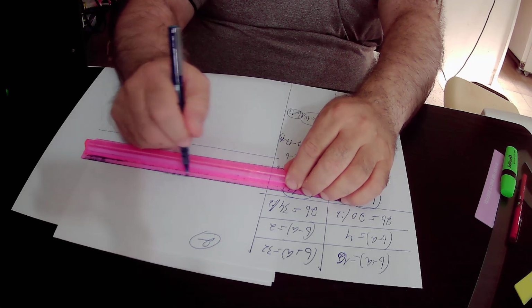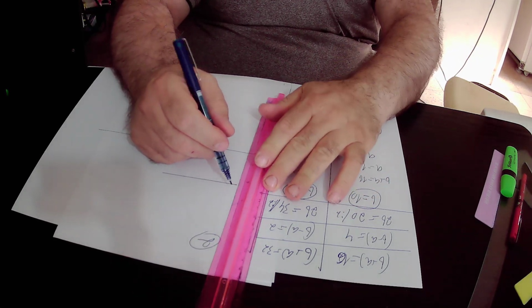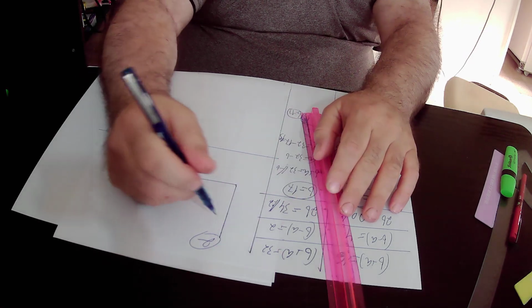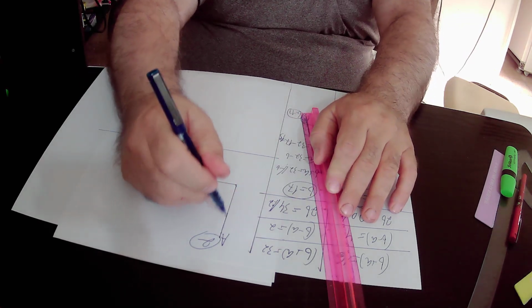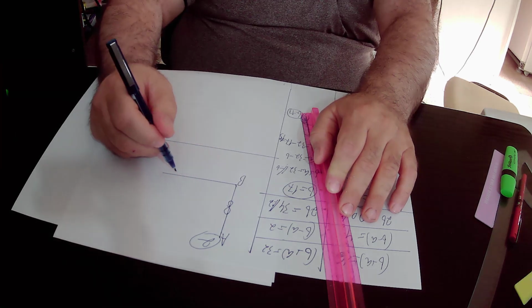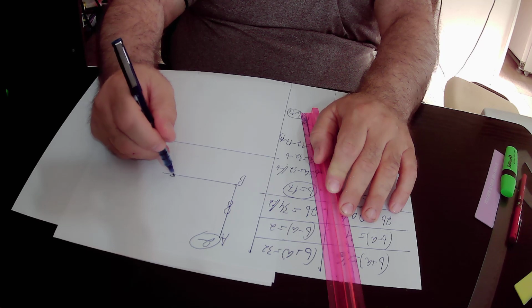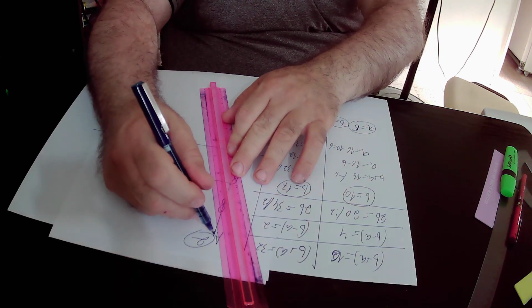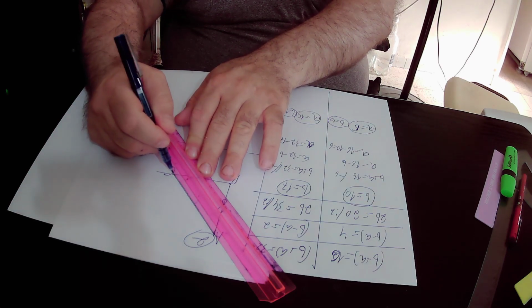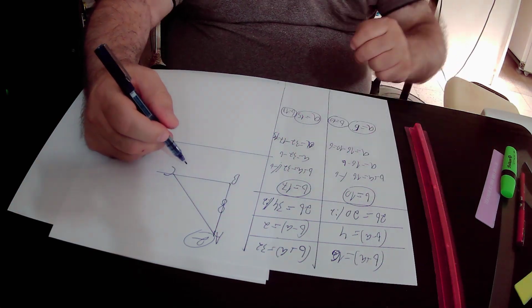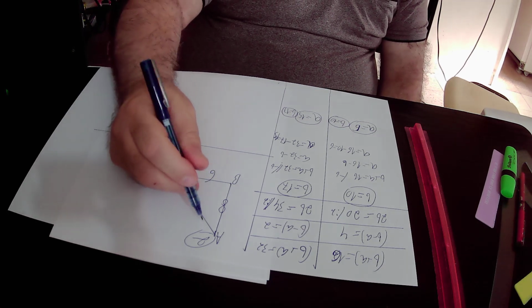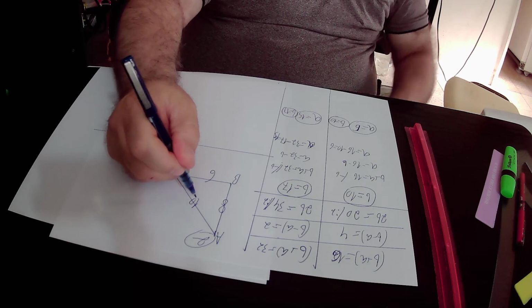First of all, it is given in the question that AB equals 8 units. We have now found out that BC equals 6 units and the hypotenuse AC equals 10 units.